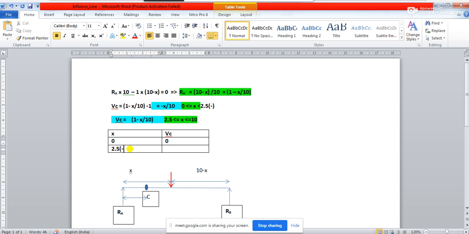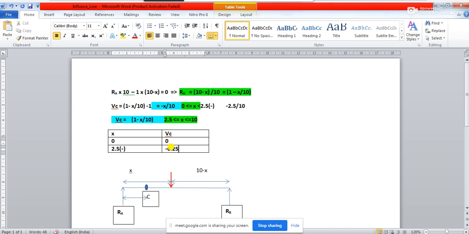How much will be the value of Vc? 0.25. Is it minus or plus? There is a minus sign in front of it. So it is 2.5 divided by 10, which is minus 0.25. Is it clear to everyone?